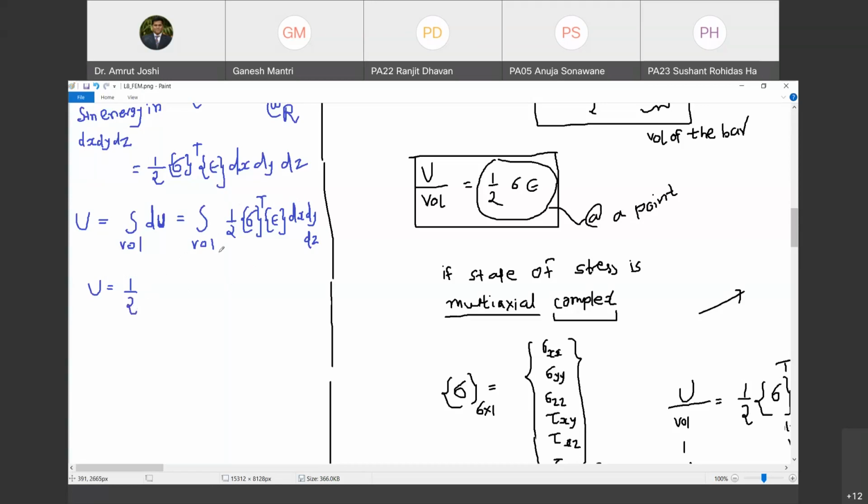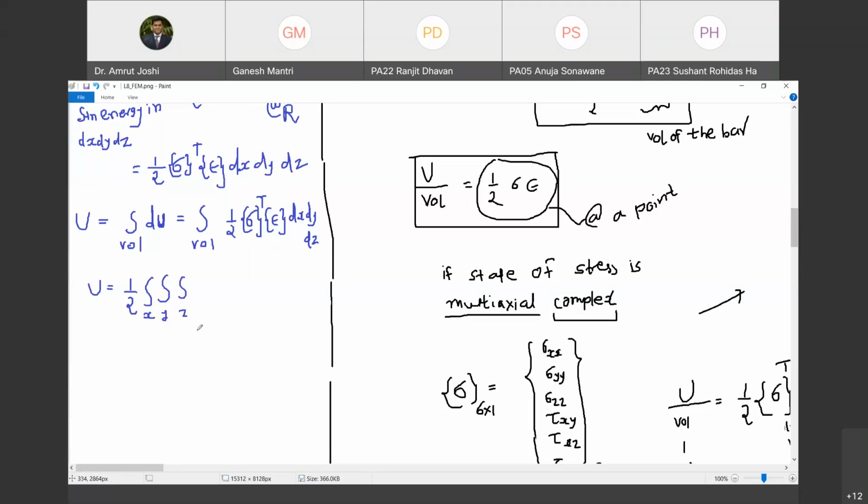This can be further simplified to U equal to, I can take the half common outside, half integration over the volume, which is in fact a triple integration. Do you agree with me? Yes, sir. So it is integration with reference to x, y, and z. Whenever you see incremental quantities like dx, dy, and dz in your expression, you have to understand that for any physical interpretation, integration is pending. Without integration, nothing will come out of this. Are you with me? Yes, sir. So now I am going to write down the triple integration: integration over x, over y, over z.